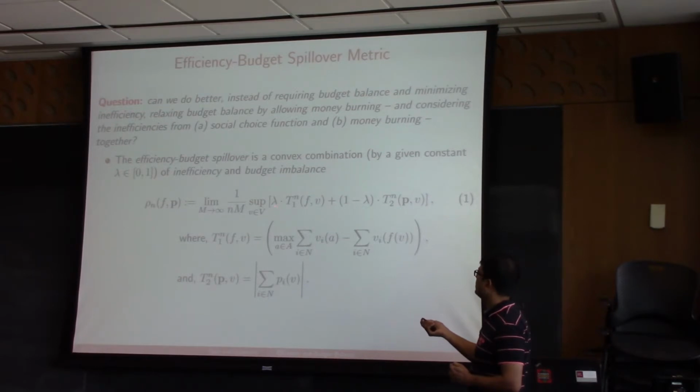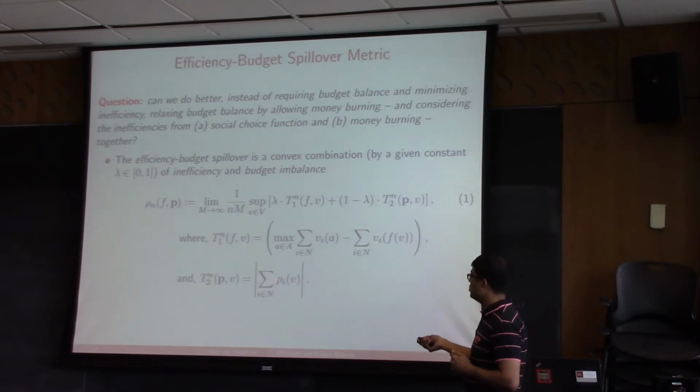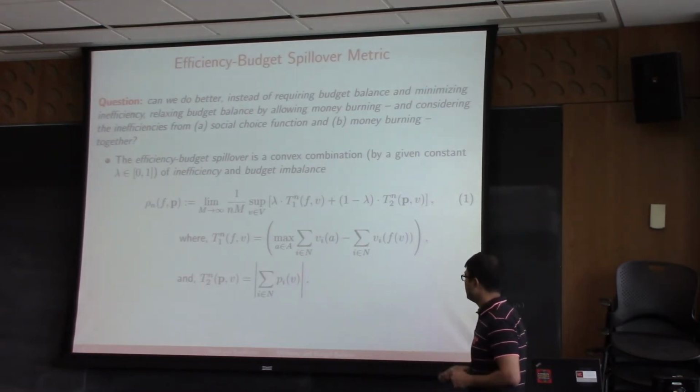Imagine when lambda is equal to 1, then this term is the same as the difference in the loss in the social welfare, appropriately normalized. Now I am also taking care of the budget imbalance. So the absolute value of the sum of the payments is what I am trying to minimize. Ideally, I would like to have a mechanism which has no budget imbalance, at the same time as low inefficiency as possible.